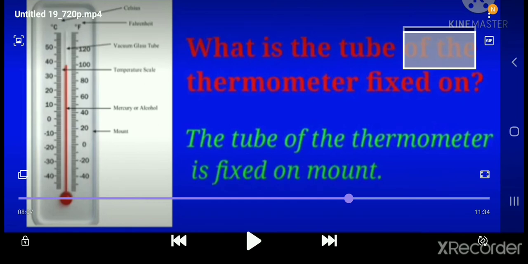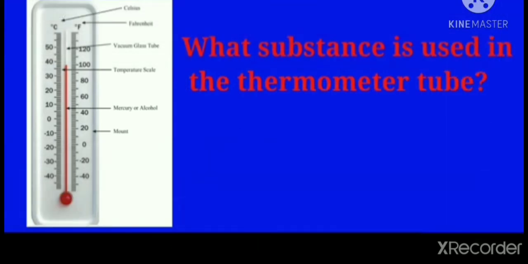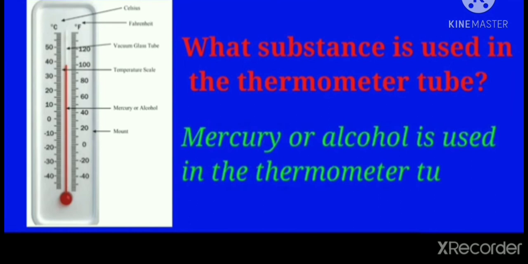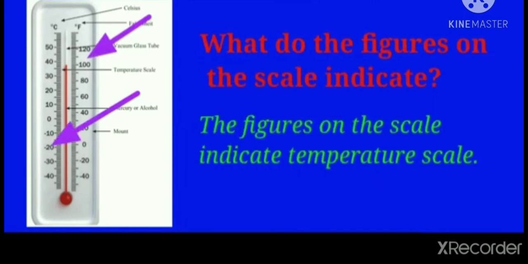Let us see the second question, that is, what substance is used in the thermometer tube? Mercury or alcohol is used in the thermometer tube. What do the figures on the scale indicate? The figures on the scale indicate the temperature scale.